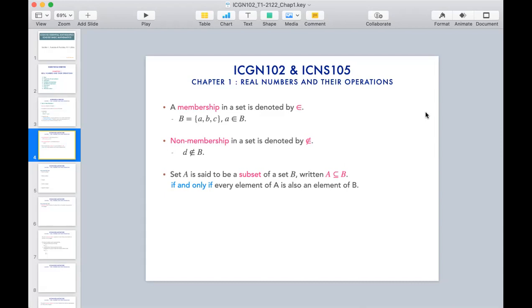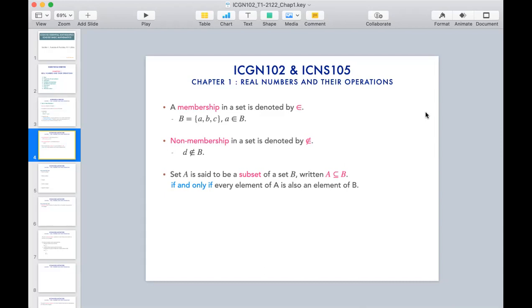So in this example, if we still have set B like this, you can see that small letter b is not a member of set B, because if you have a loop, there is no dot inside the set, right? So that's why we say that small letter b is not a member of set B.